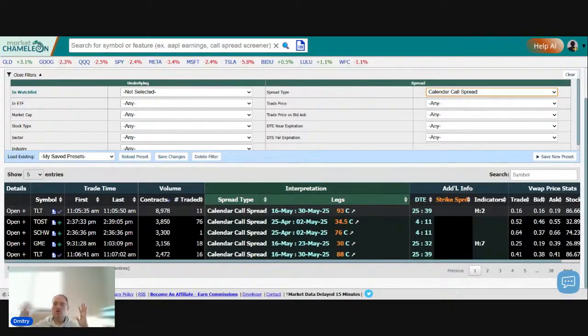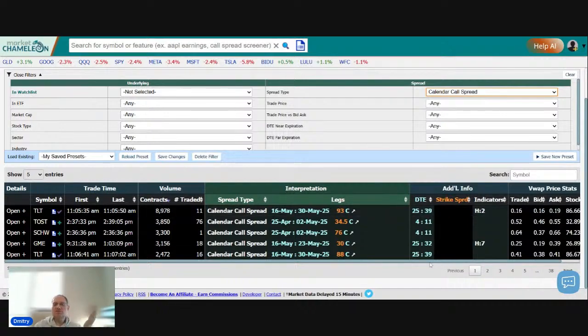It involves two different expirations on the same strike. So it's same strike, two different expirations. This one is the May 16th, May 30 call spread. Over here, it's easy to see that the first expiration has 25 days to expiration. The next one has 39 days.